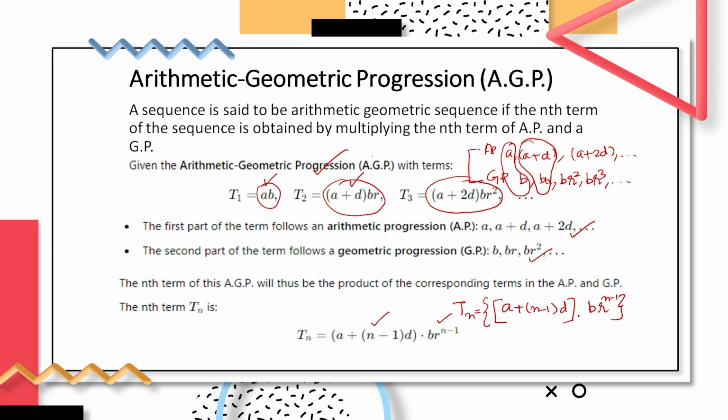The second term will be the product of the second term of the arithmetic progression, that is A plus D, and the second term of the geometric progression, that is BR. On the same lines, A plus 2D into BR square will be the third term. And the nth term will be the product of the nth term of the arithmetic progression and the nth term of the geometric progression, and this is the resulting formula for the nth term of the arithmetic geometric progression.